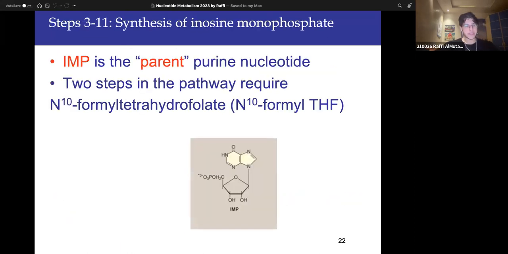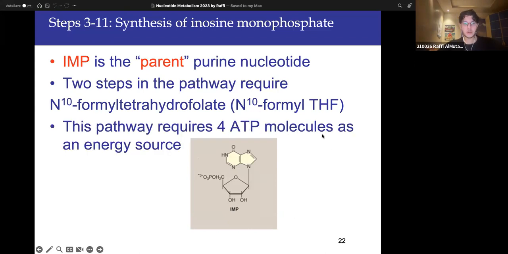Now, for steps 3 to 11, essentially we are making IMP, as I've mentioned before. Another thing to note is that in 2 of these steps, which if I'm not mistaken are step 4 and step 10, they require this molecule N10 formyl tetrahydrofolate, or N10 formyl THF. And I'll show you where that happens.